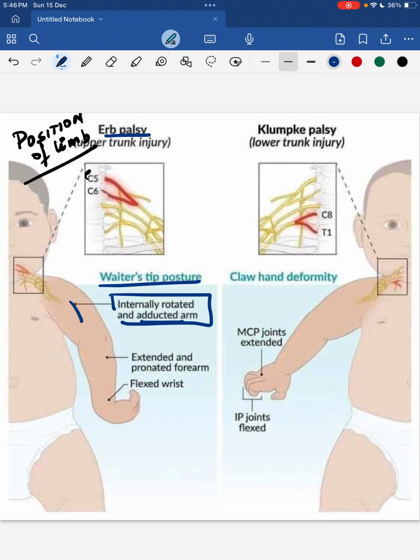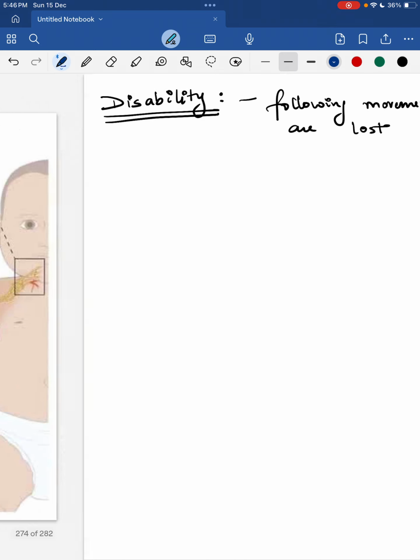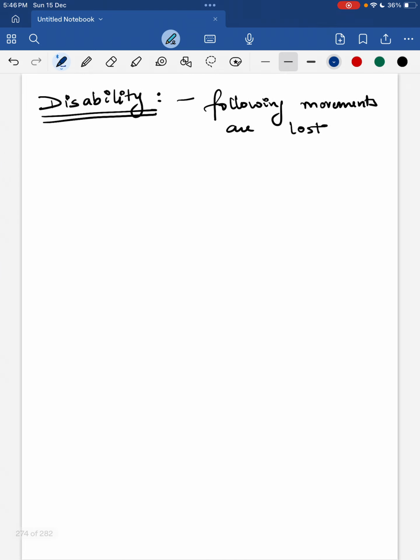Your forearm will be extended and pronated, and your wrist will be flexed. Okay, so this is the deformity or your position of the limb, that is arm will be adducted with internal rotation and forearm will be extended with the pronation, and the wrist joint will be a flexed wrist.